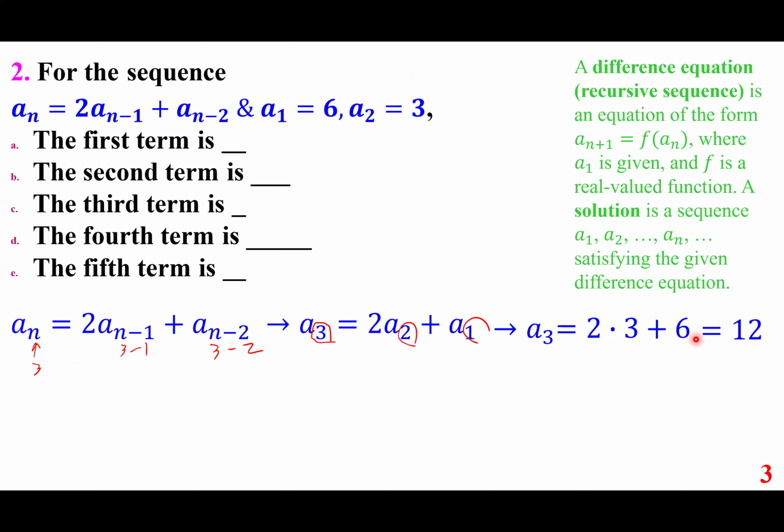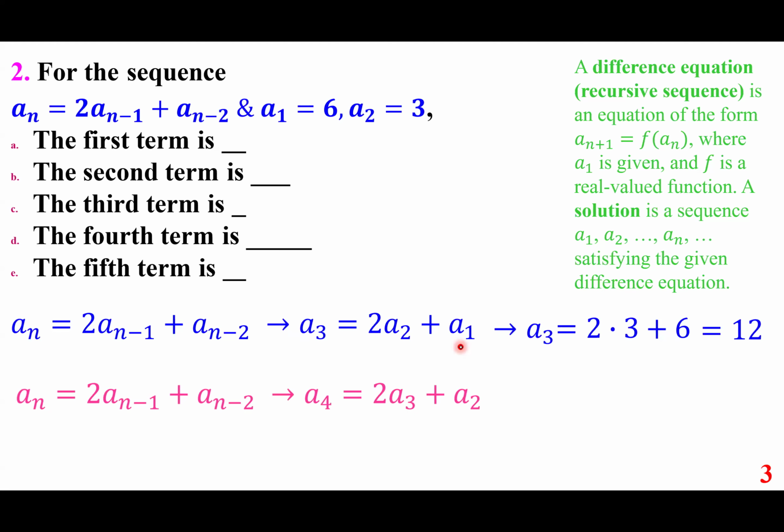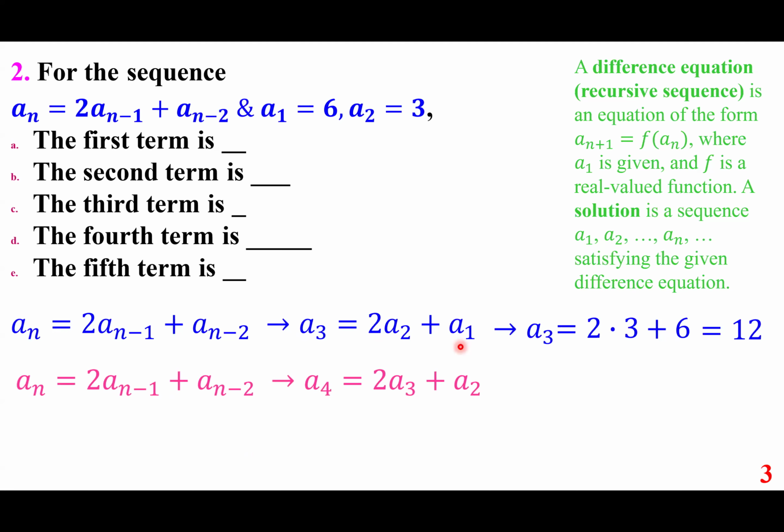We're going to use the same formula, and now we're going to go with a sub 4. If this is 4, that means 2 times a sub 3 plus a sub 2. So that means 2 times 12 plus a sub 2, 3. 24 plus 3, 27.